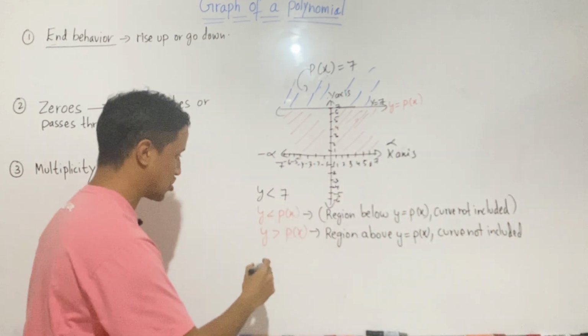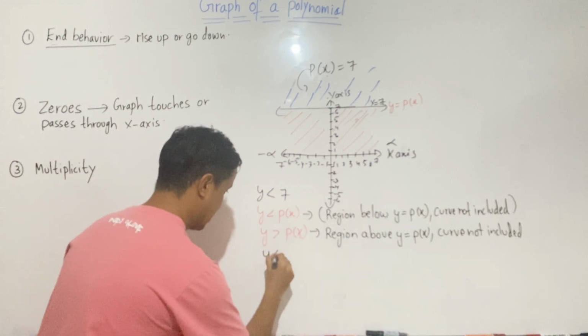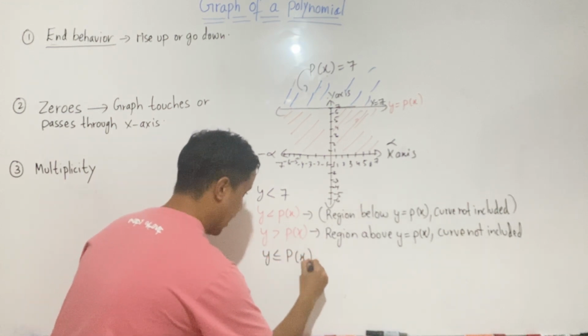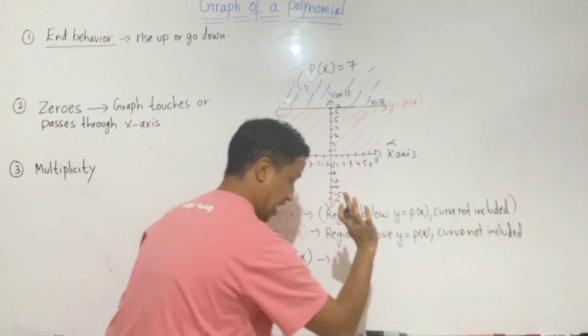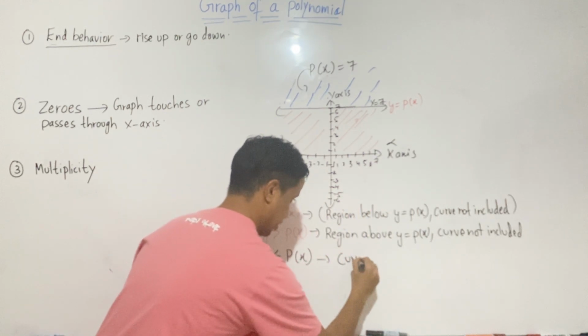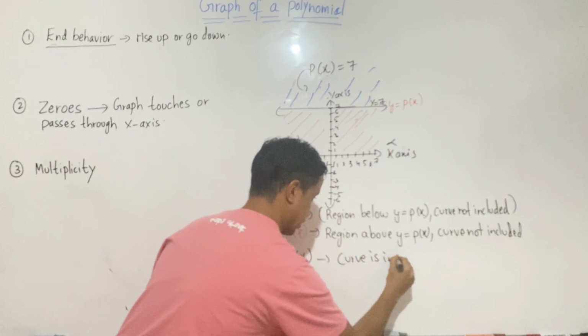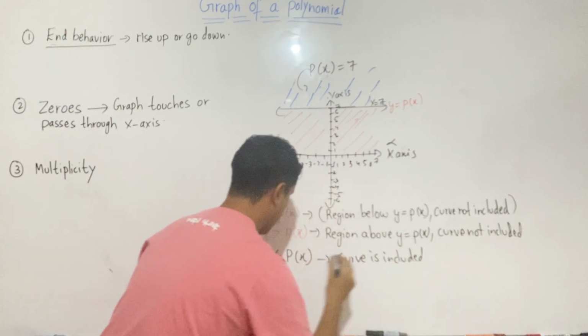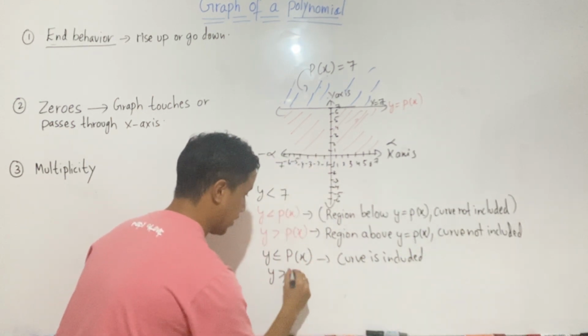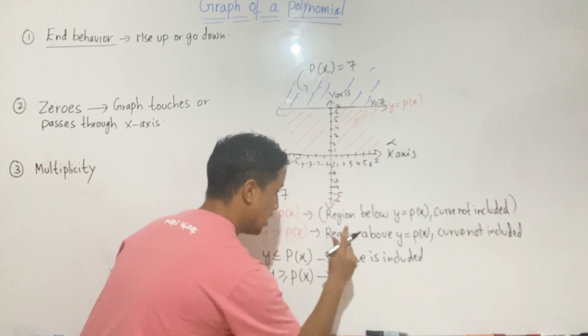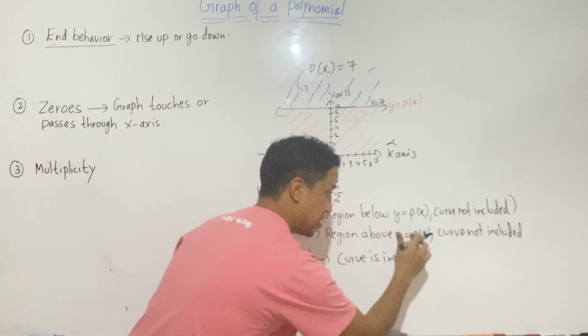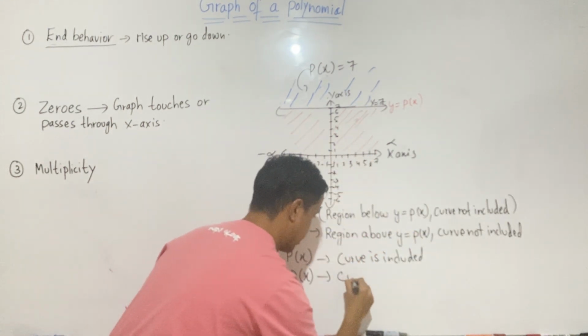If someone asks you y less than or equal to p(x), then it's the same, but the curve is included. Or y greater than or equal to p(x), same, region above, but curve included.